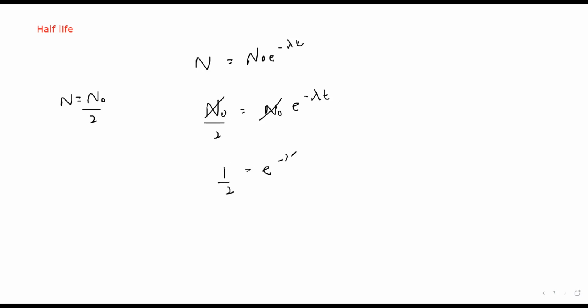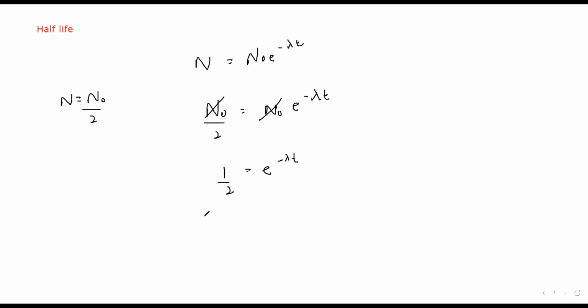So N equals N naught e raised to the power minus lambda t. After one half-life, this N will be half of the original value. So I can now say it will be N naught by 2 equals N naught e raised to the power minus lambda t. N naught will cancel with N naught, so it will be 1 by 2 equals e raised to the power minus lambda t.